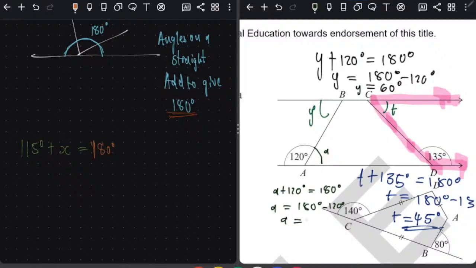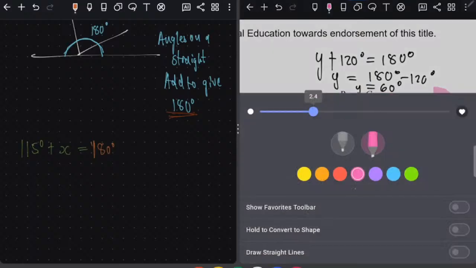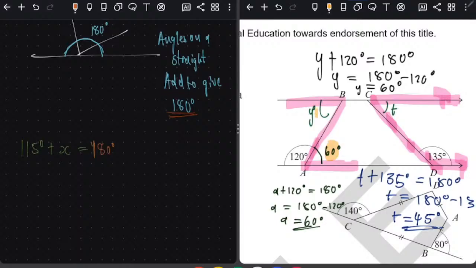A is 60 degrees. So you come and say this is 60 degrees. Once you put it, you see it makes the letter Z with Y, which automatically means Y is 60 degrees.